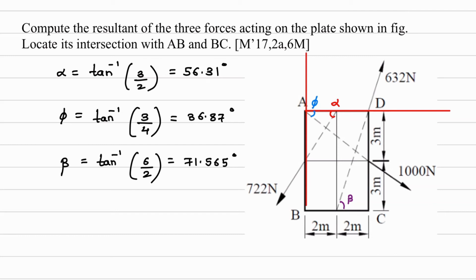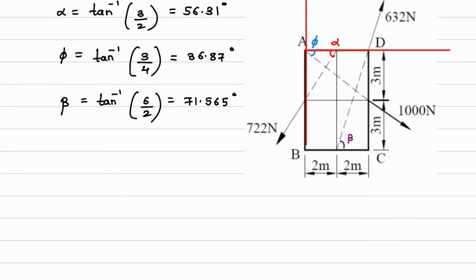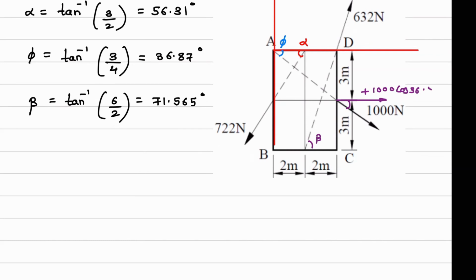Now we'll resolve these forces so that we can find all the parameters. We'll first resolve this 1000 Newton. This angle is phi, so the x component will be plus 1000 cos 36.87.